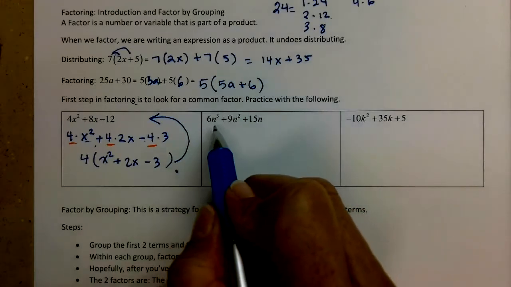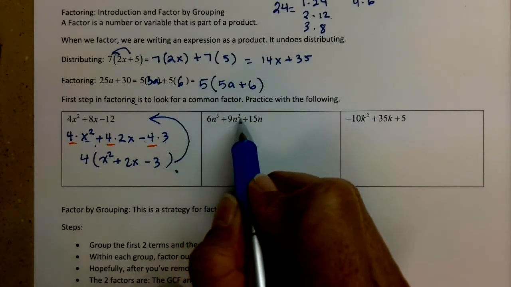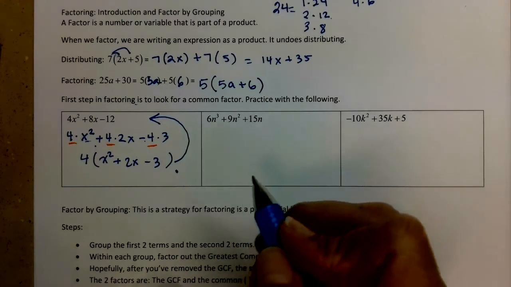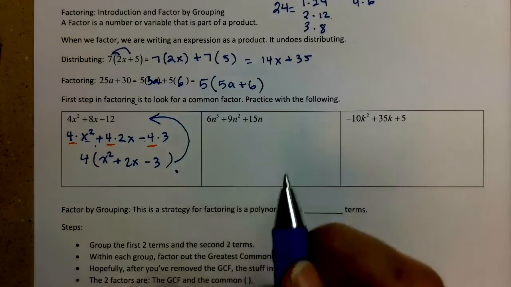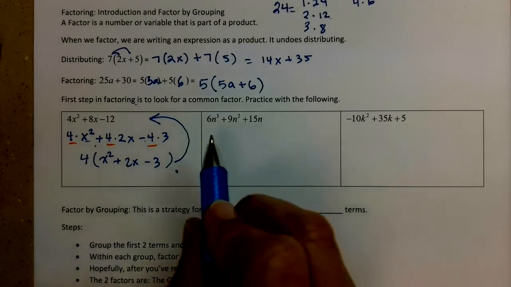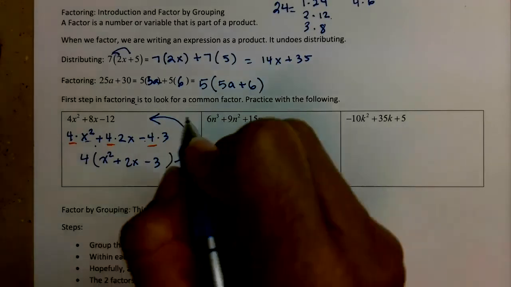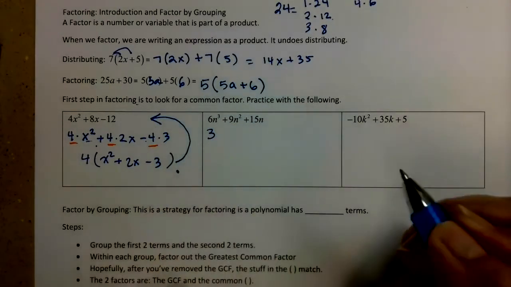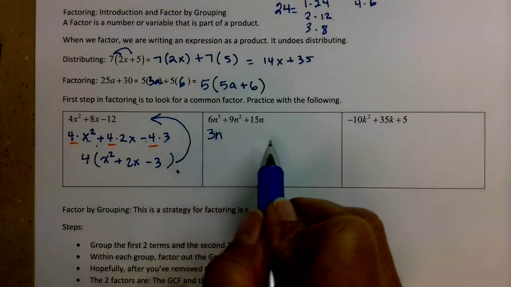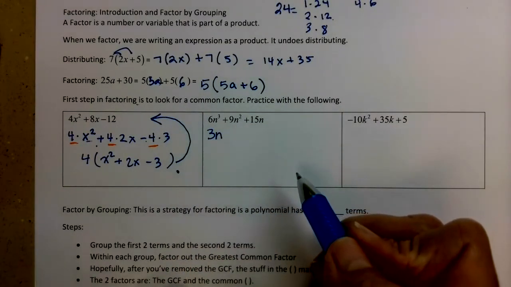I have 6n cubed plus 9n squared plus 15n. Okay, so what is the factor? In fact, we're going to look for the greatest common factor. What's the greatest common factor that goes into all 3 terms? Right, so you probably saw the 3. Do you also see the n? So 3n will go into each of those terms.